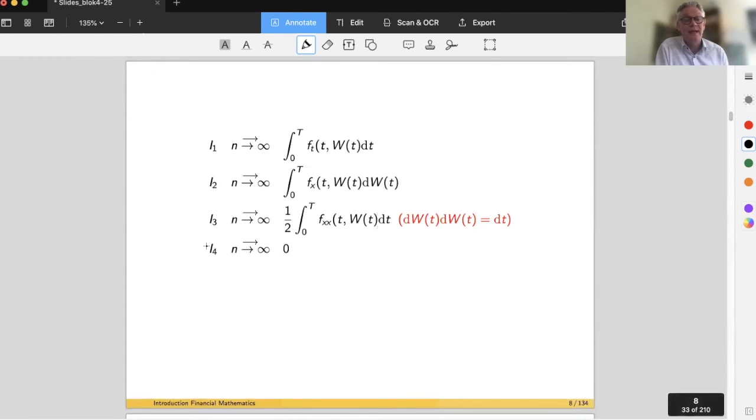And that is indeed the case. The fourth one will converge to 0. I do not write it out here, but I have it on a slide, so you will see the slide. Essentially, it is the same argumentation as when we looked at the cross variation.